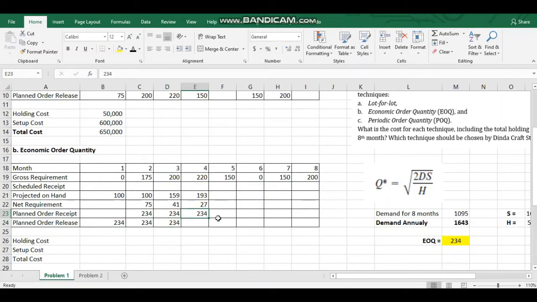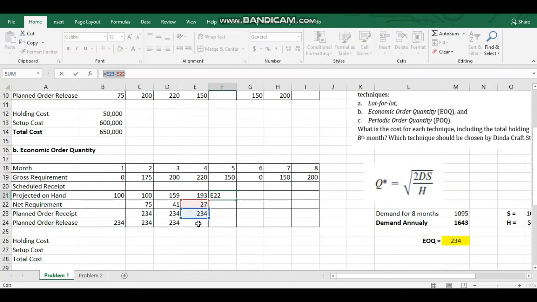And 220 units will be fulfilled using our inventory, and the remaining 27 units will be fulfilled using the order receipt, and the remaining units on our order receipt will be our inventory and will be carried to the next month.